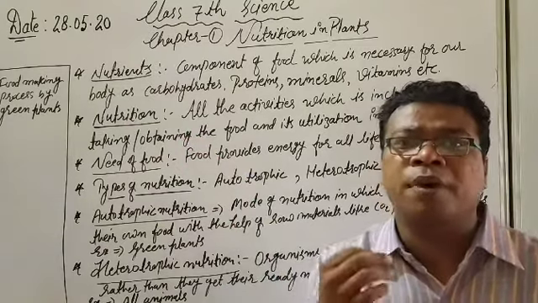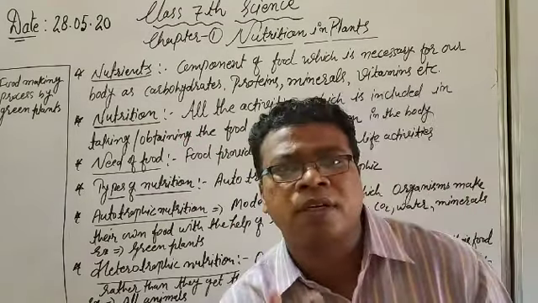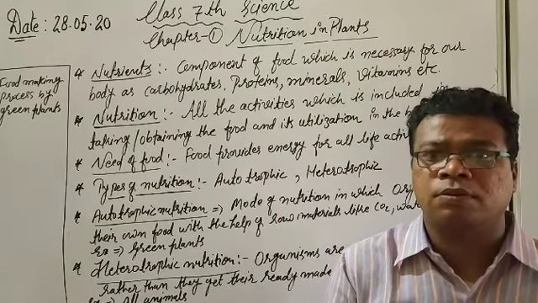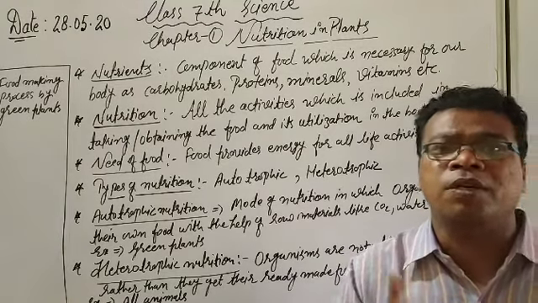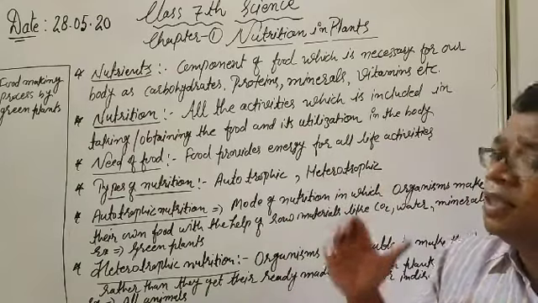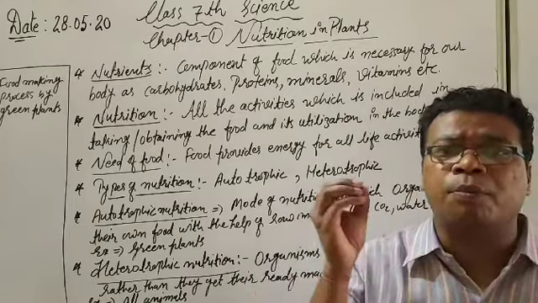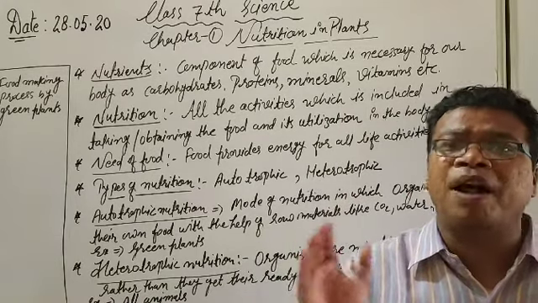Nutrients. What do you mean by nutrients? When we talk about this particular word nutrients, nutrients means what? Posak tattva. And we know that these are very much important for our human body. So what are nutrients? These are the components of the food, meaning they are part of the food.